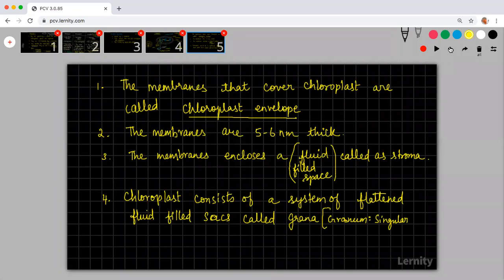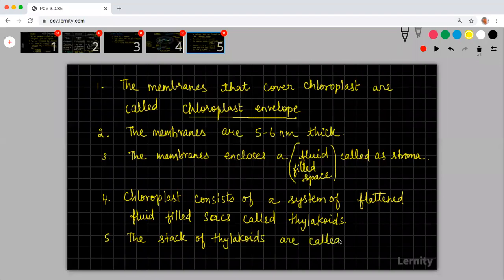Okay, sorry, I made a mistake. There are 40 to 60 grana in a chloroplast.